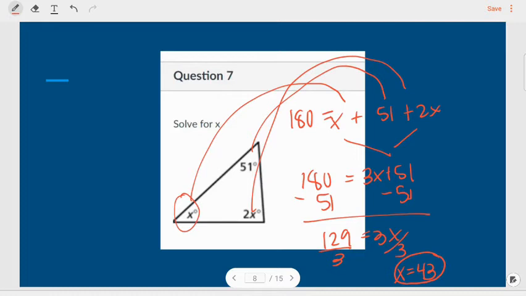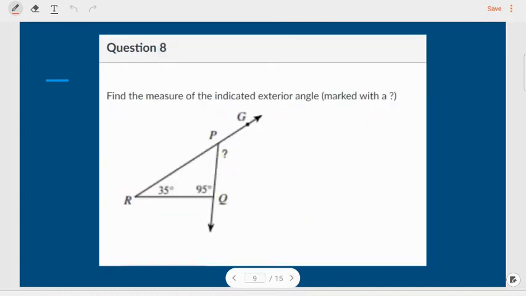Great, we're about halfway there, so let's keep going. Find the measure of the indicated exterior angle marked with a question mark. I want to figure out how big this angle is. Now, if you're thinking, oh, it's a triangle, 180, and all I have to do is subtract, well, you're close. That's how I find the inside of that angle.